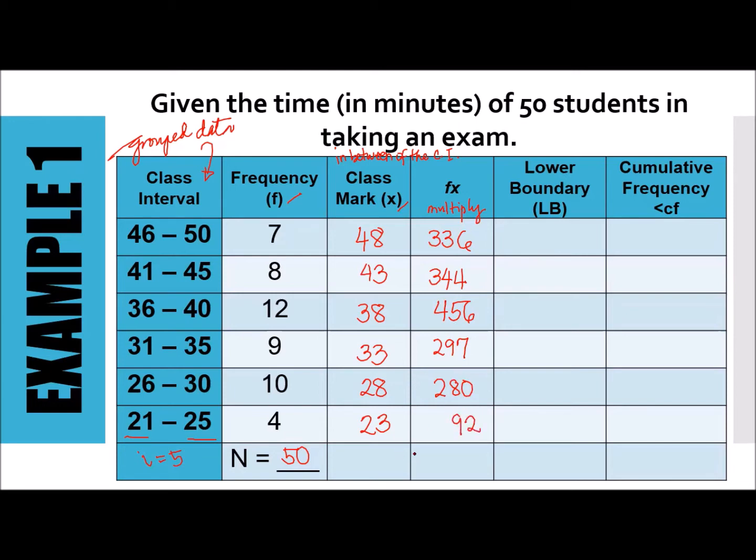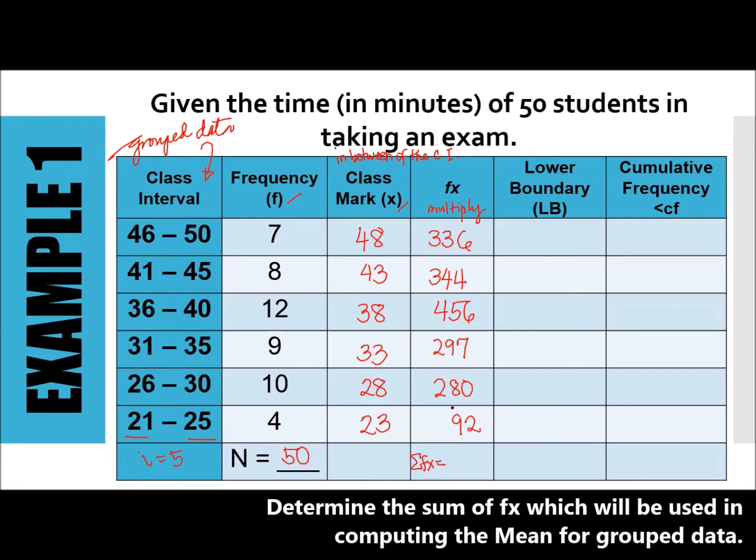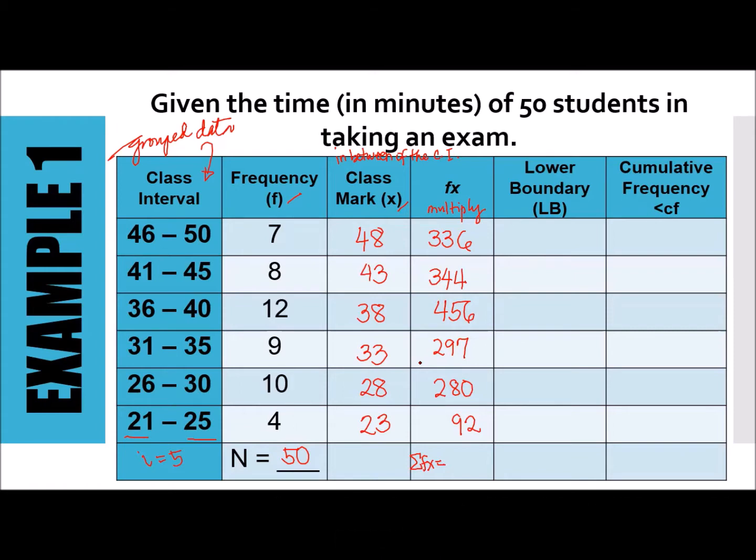Okay? And then, we're going to get its sum, kasi gagamitin natin mamaya yan. So, i-add natin: 336 plus 344 plus 456 plus 297 plus 280 and plus 92. The answer here is 1,805.